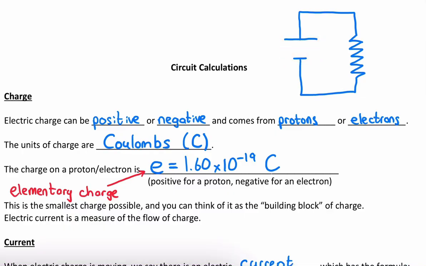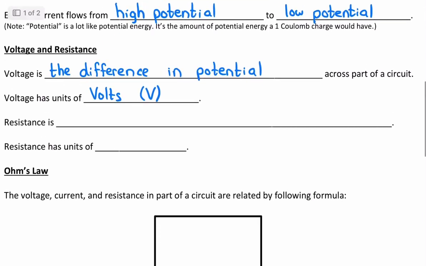And this part of the circuit over here, the resistor, will also have a difference in potential, just like when you go down a ski run, there's a difference in height between one end of the ski run and the other. That's what we're talking about when we talk about voltage: the difference in potential across a device on the circuit.